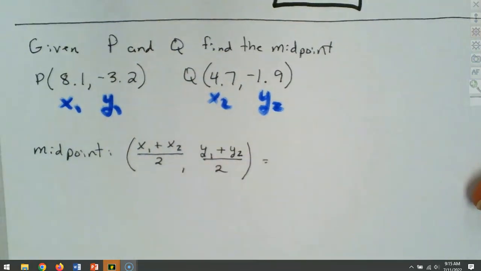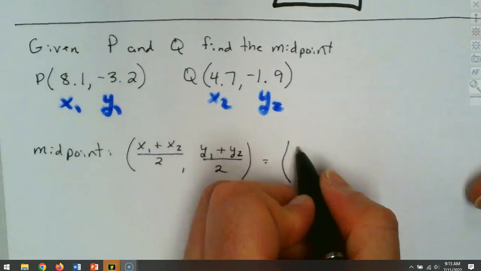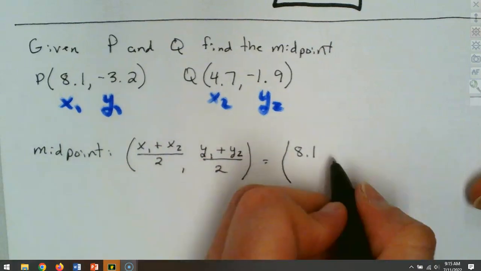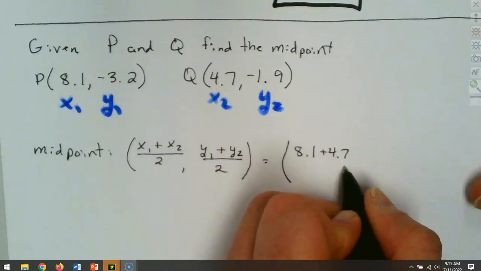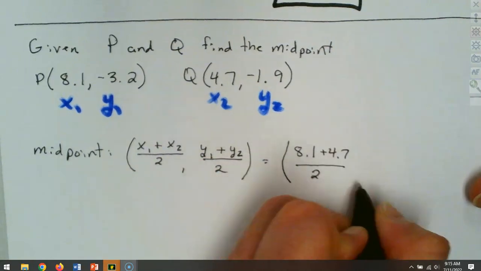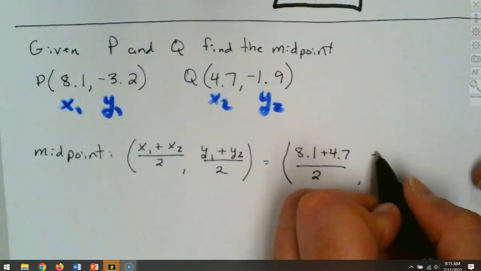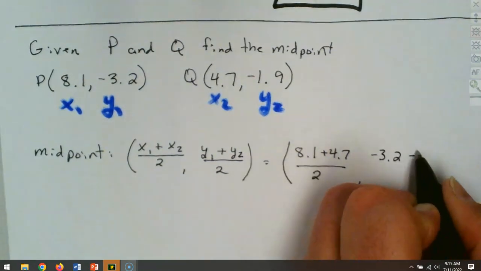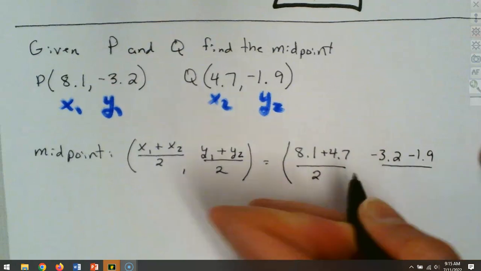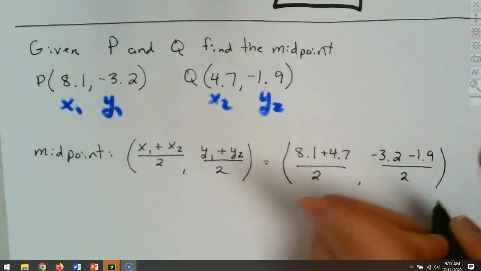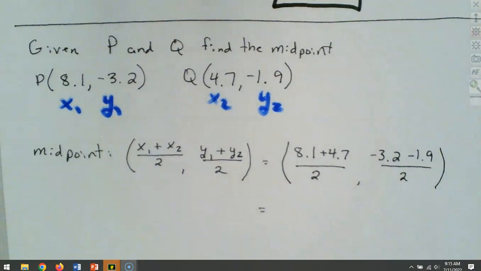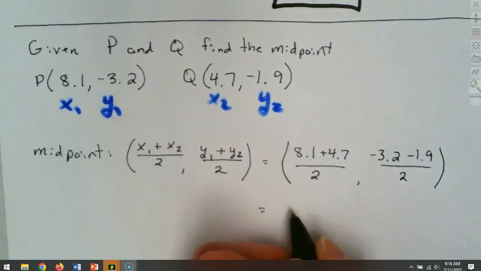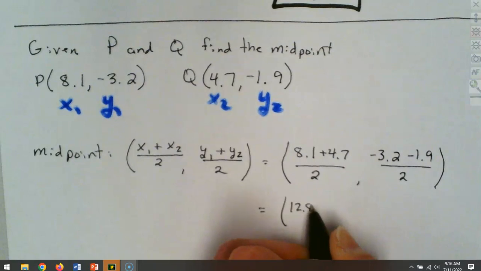So we'll plug our values in, and that's 8.1 plus 4.7 over 2, and minus 3.2 minus 1.9 over 2. And then we just add those together, and then divide. So 8.1 plus 4.7, well, that's a 12.8 over 2.